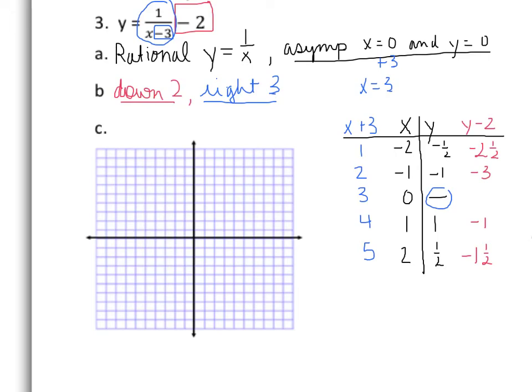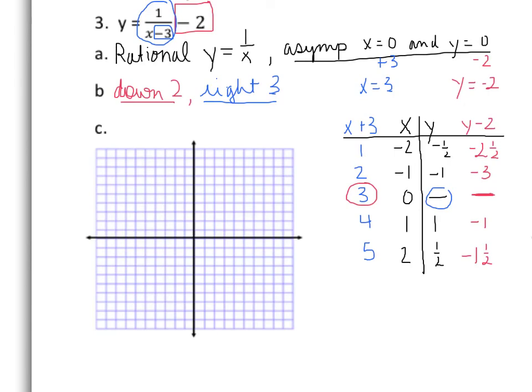And then for y equals 0, I'm going to subtract 2 from that, and so my new asymptote is going to be at y equals negative 2. So you can see that this value right here is still going to have nothing there, because when x is 3, it's not going to have anything because that's an asymptote.